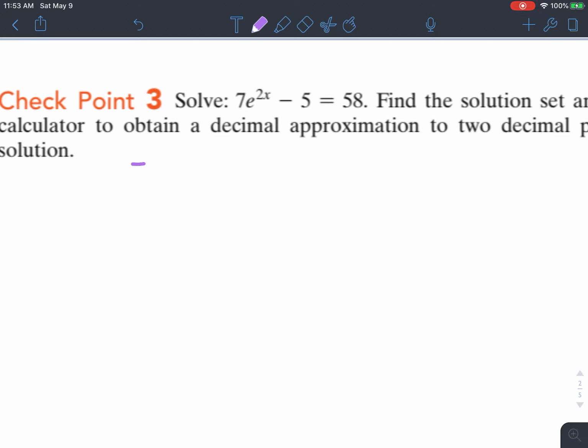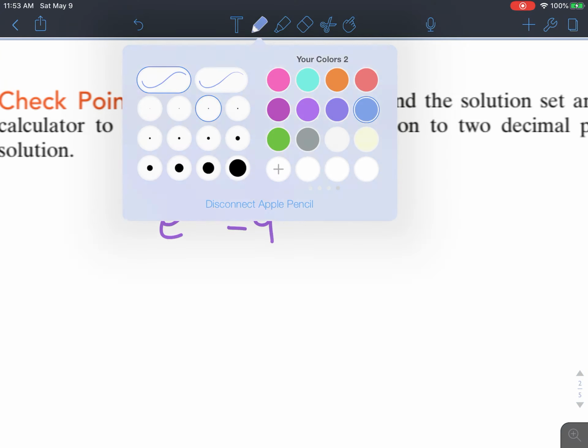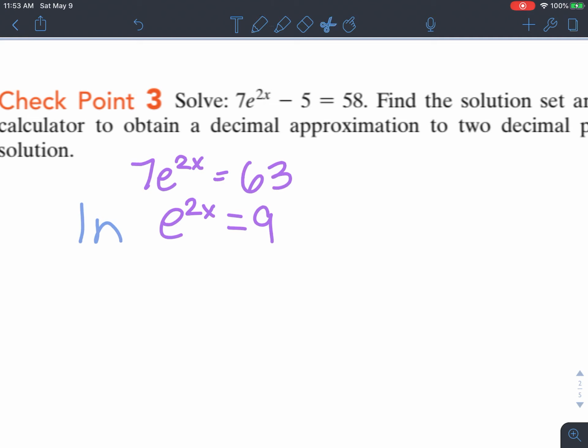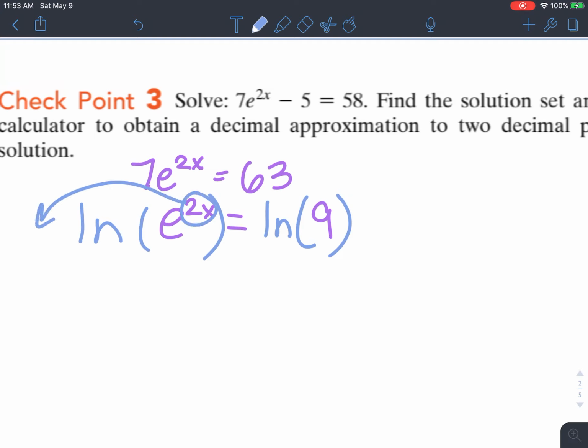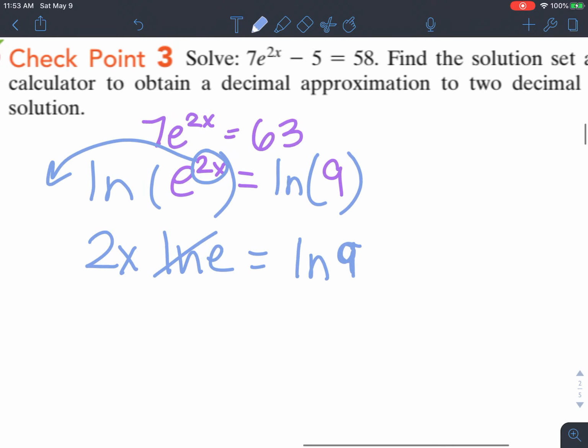Okay. So first, you should be adding 5 to both sides. And then dividing by 7. Take the natural log of both sides. 2x comes out front. Ln e is 1, so that's gone.